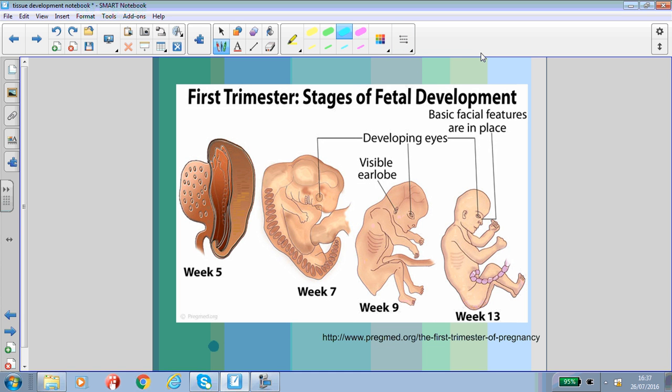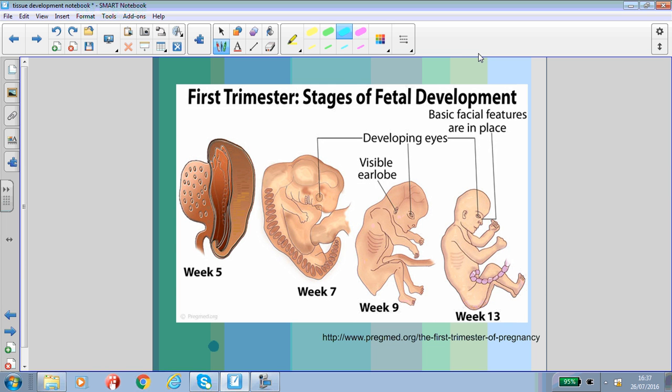The trophoblast, so remember the outside part of the blastocyst that attached to the uterine wall, goes on to develop the extra-embryonic structures, so things like the placenta and continuation of the umbilical cord. We've got facial development, which includes the teeth. So the primary teeth at this stage, the baby teeth. That all occurs 4 to 12 weeks, so all in the first trimester.